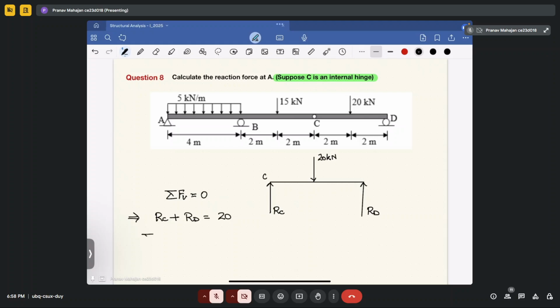If we take moment about point D equal to 0, what will come? RC into 4 minus 20 into 2 equal to 0. That will give you the value of RC equal to 10 kilonewton. Fine. Now since you have RC equal to 10 kilonewton, that is acting in upward direction.